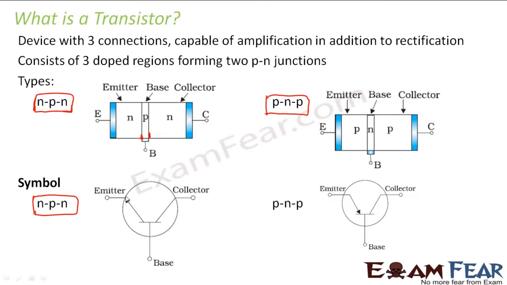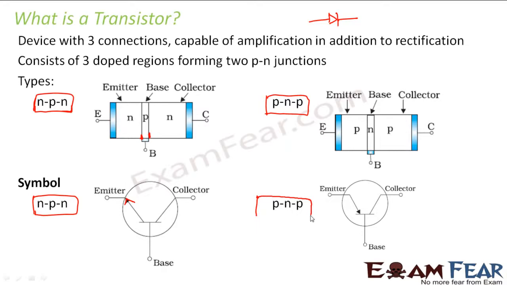Now what is this arrow for? For example, in case of a diode we had this arrow, right? So what was this arrow for? This arrow showed the direction of conventional current. Similarly, in this case also, you have this arrow which shows the direction of conventional current.